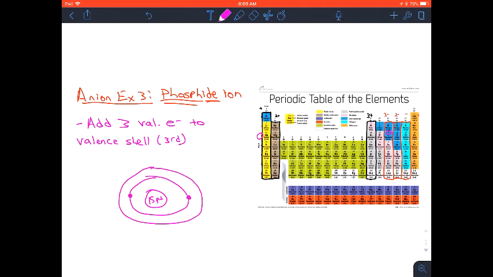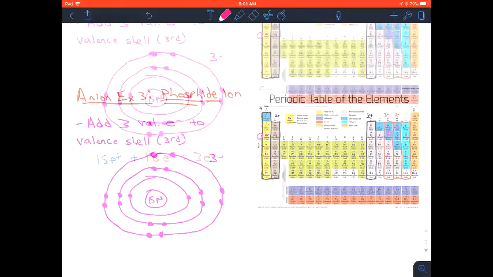Our second shell will have 1, 2, 3, 4, 5, 6, 7, 8 electrons. Now our third shell normally has 1, 2, 3, 4, 5. But we need to add 3 more, 6, 7, 8. So our third shell will have 8 electrons total. So it gives it a 3 negative charge.